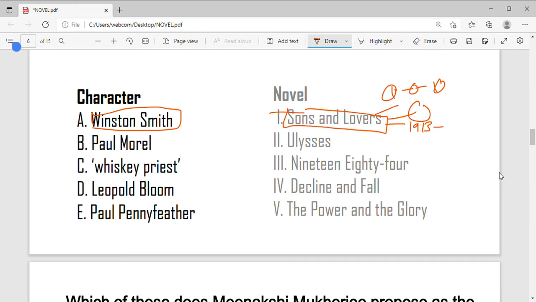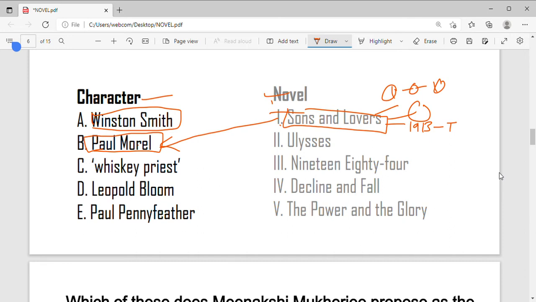Later on he came up with The Rainbow in 1915 and Women in Love, right? So make sure you read all these novels too. Paul Morel is a character in this novel, and on that basis we are making these connections between characters and novels.